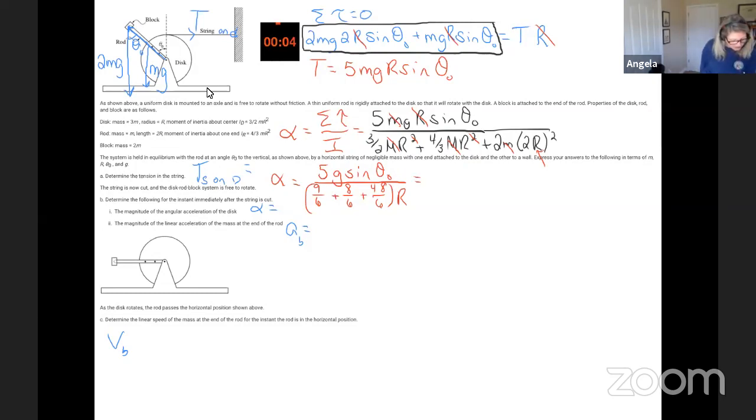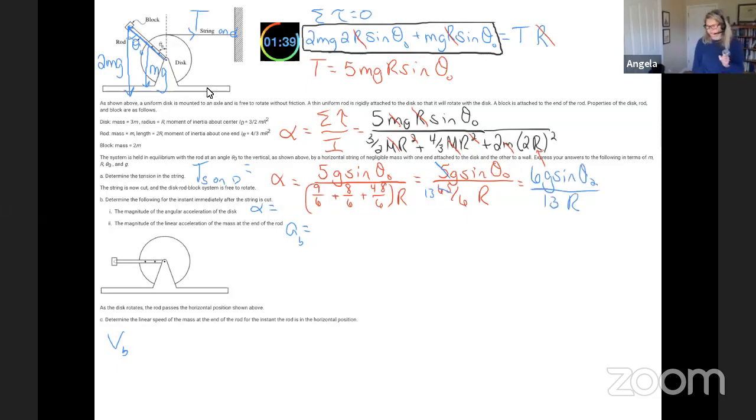So it's 5g sine theta naught over, what is all that? 48, 57, 57 plus 8, 65 over 6r. And then I guess I'm going to cancel this 5, and this would be a 13. So it'd be 6g sine theta naught over 13r. I don't know why I keep writing theta 2. All right, so that's alpha.